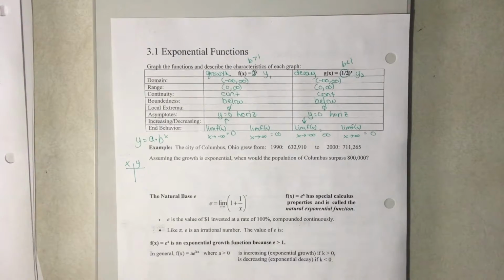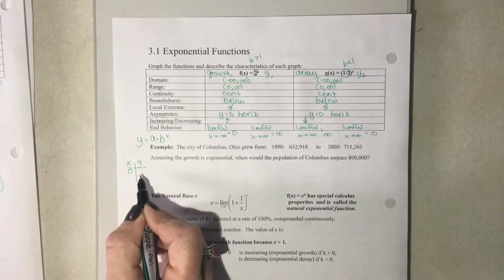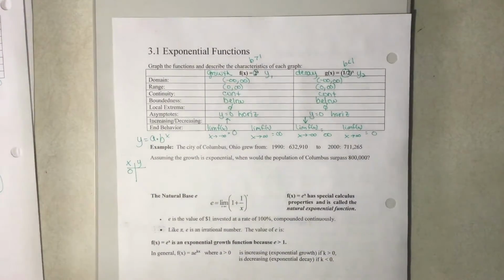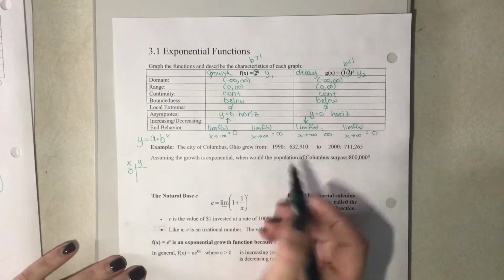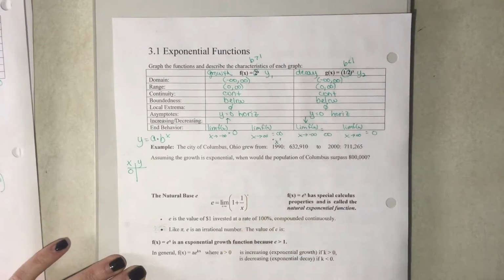And I know my initial value is my initial value when X is what? 0. When X is 0, I know I have found my initial value. When X is 0 is my starting point. So on this set of data, where is my starting point? Let me rephrase that. When is my starting point? 1990. So right here, that is my X value is 1990.